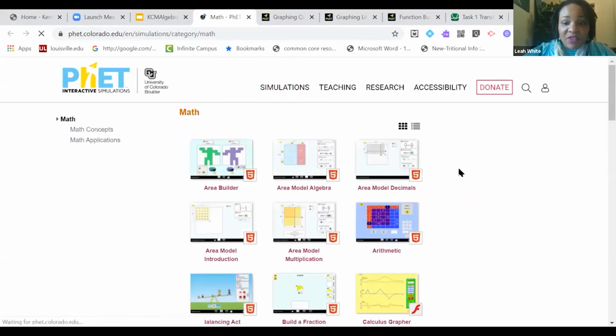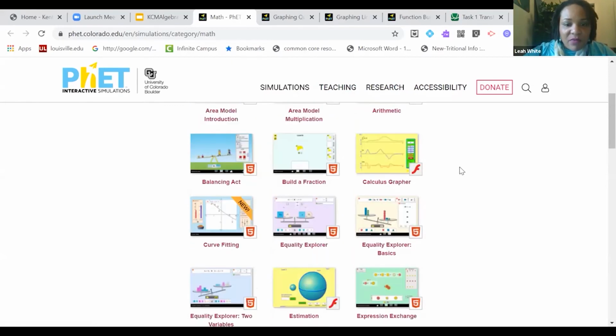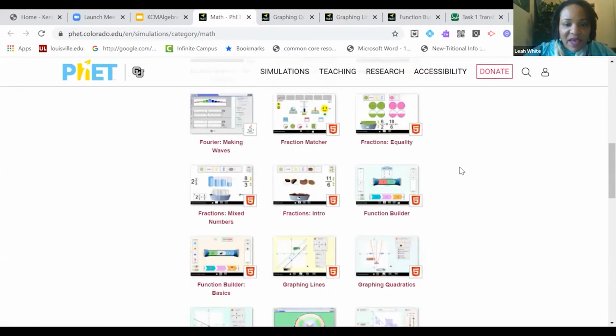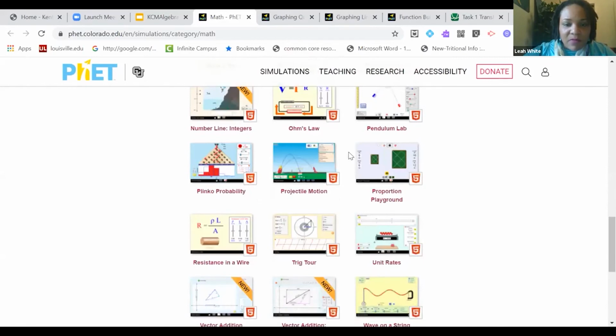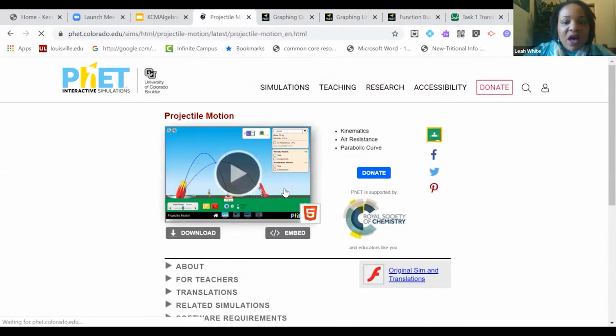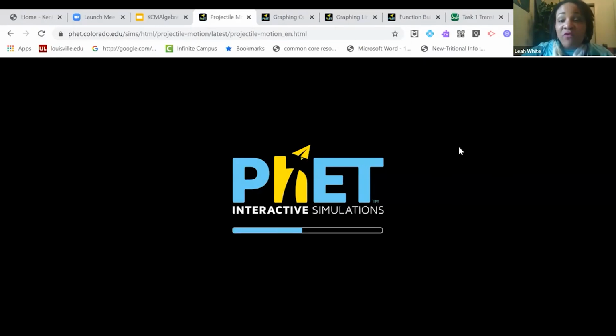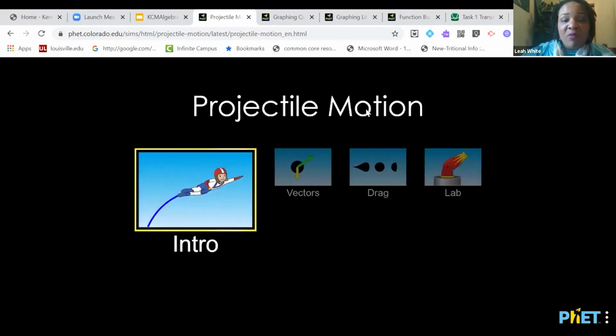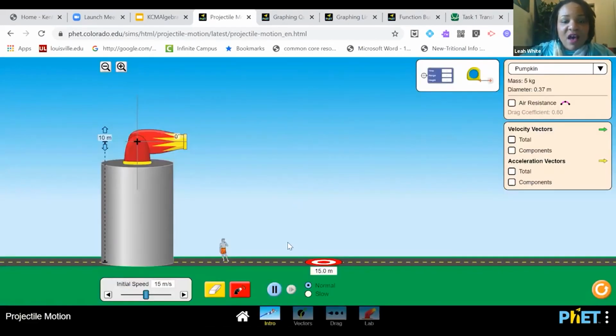Yeah. There's a really cool one, since we have some time. They have lots of math simulations. The projectile motion, that's the one that I thought was really cool. Although they have more variables than you would talk about maybe in a math class, I thought it was really cool to see the launching and how they will give you parameters that you can play with.